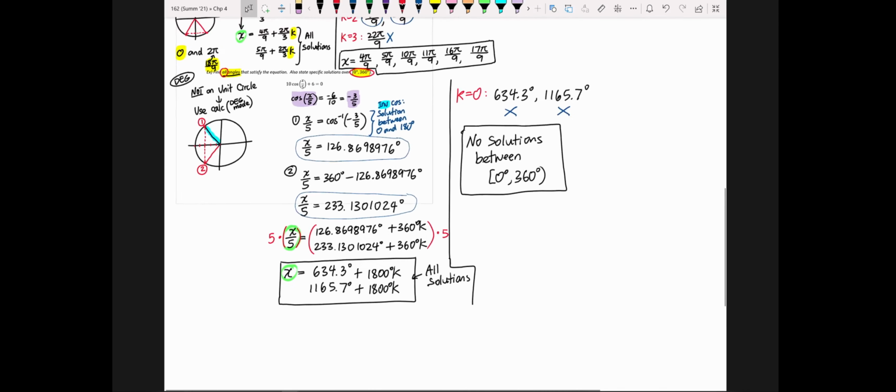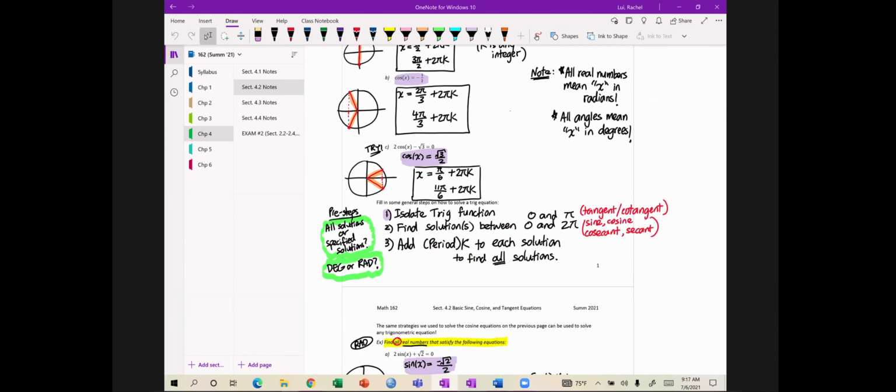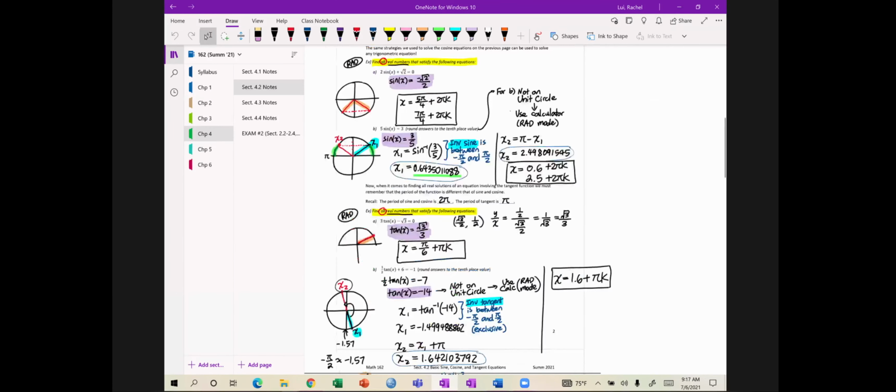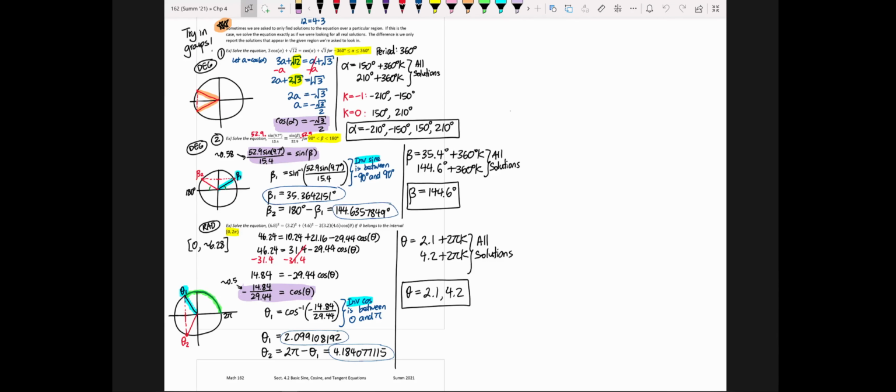Okay, so I'm going to for a moment bring us back to 4.2 to show us that even in 4.2, we really did emphasize when they asked for specified solutions, notice, we always found all solutions first, and then we looked for specified solutions.